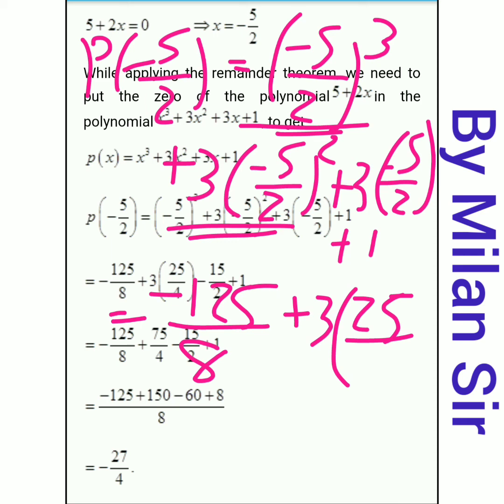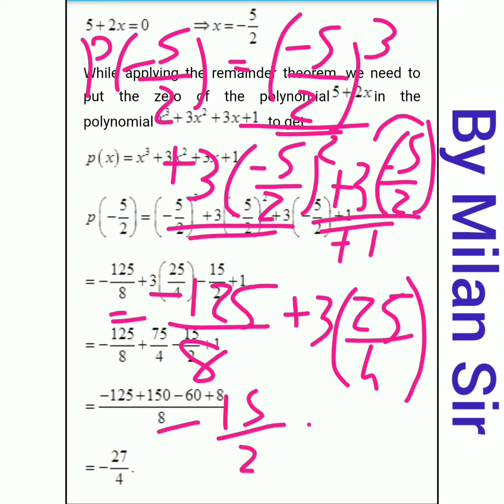In denominator 2 square is 4. Then third term, plus minus minus, 5 threes are 15 by 2, and plus 1 as it is. So minus 125 by 8 plus 3 into 25 by 4 minus 15 by 2 plus 1.